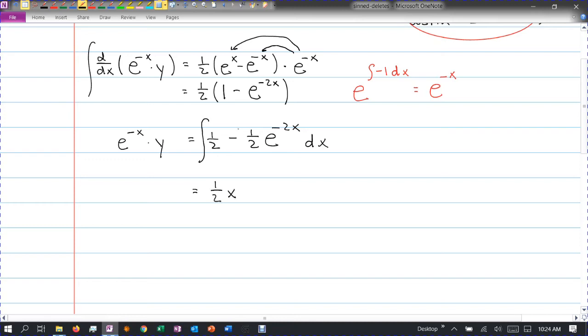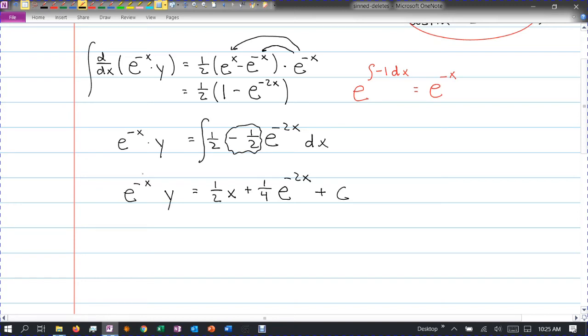If I just ignore this, the antiderivative of e to the negative 2x would be negative 1/2 e to the negative 2x. So I'm going to hit that with the negative 1/2 that's already there, so it's going to become plus 1/4 e to the negative 2x, and then plus some constant. And that's my right side.